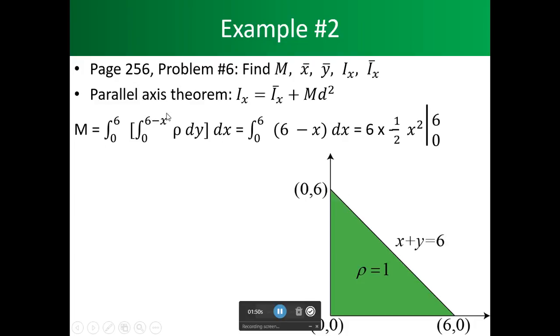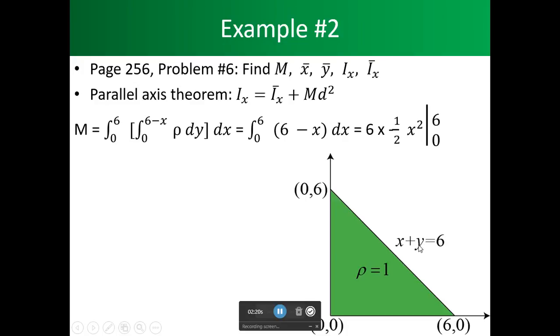And so we have our rho equal to 1. And so we're going to perform our initial double integration. We go from 0 to 6, and 6 to 0, and 0 to, for our y, we're going to use this curve.